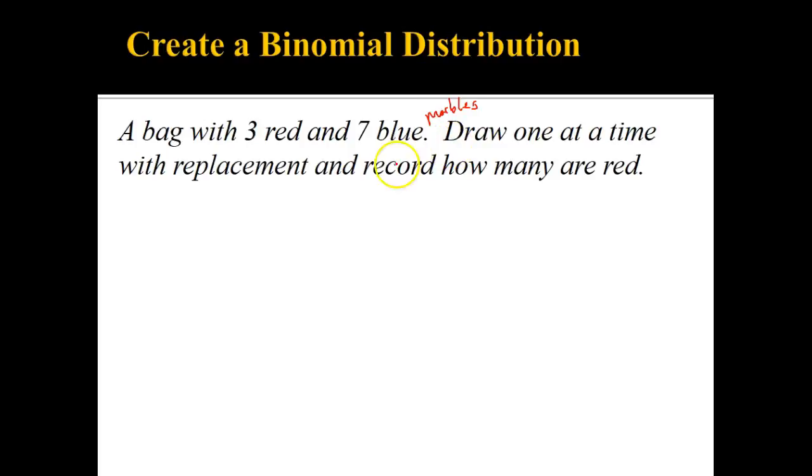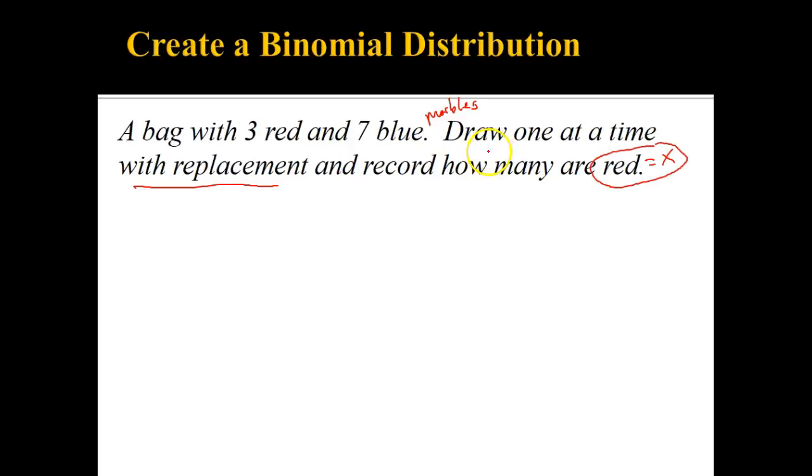Draw 1 at a time with replacement and record how many are red. So X equals red is the vocabulary that we're using. X equals red, that's the success. If you draw a blue, that would be a failure.